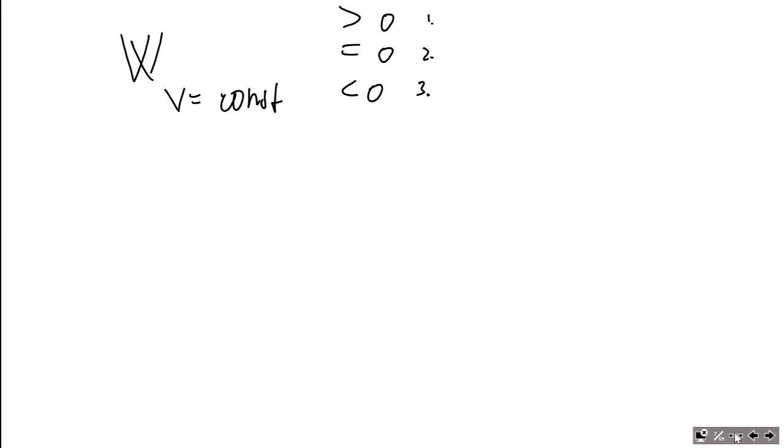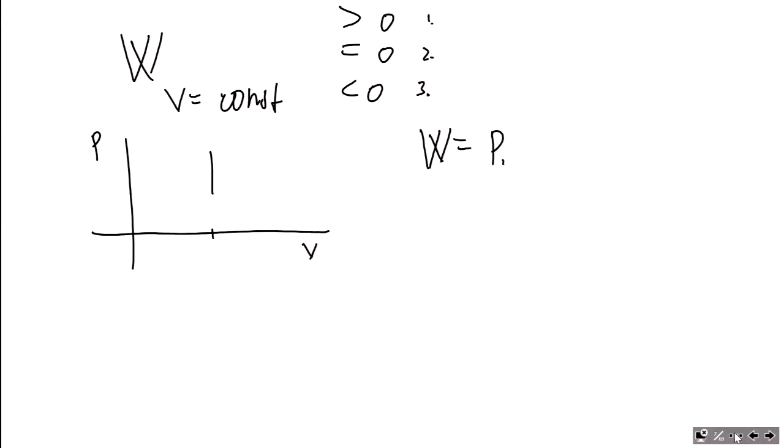You can use a graph. And this is the graph. It has no area. Or you can choose the expression for the work. In general, it equals average pressure times change in the volume. And when there is no change in the volume, doesn't matter how high or low pressure is, there is no work.